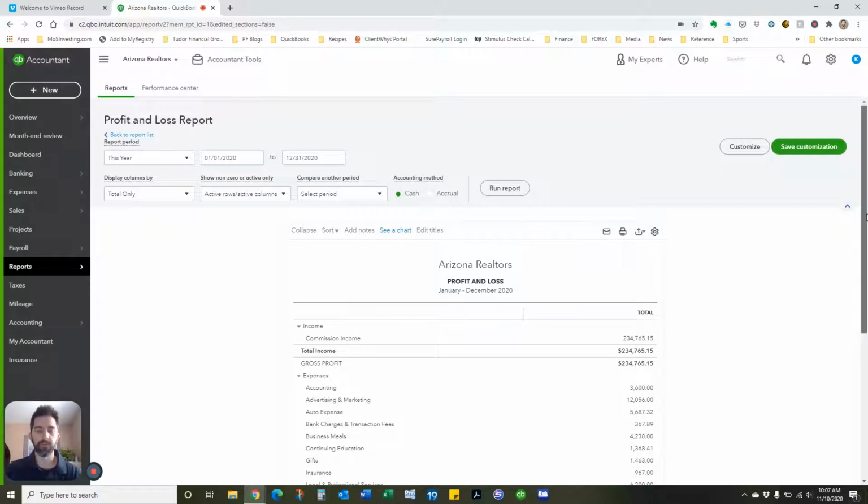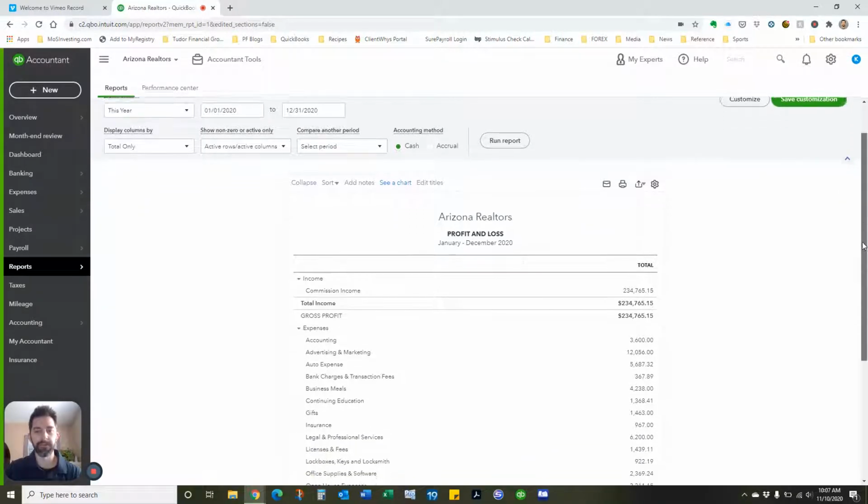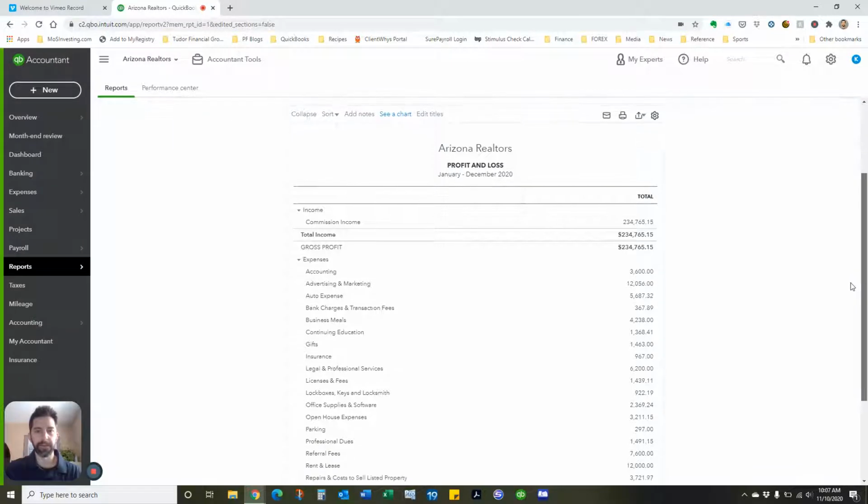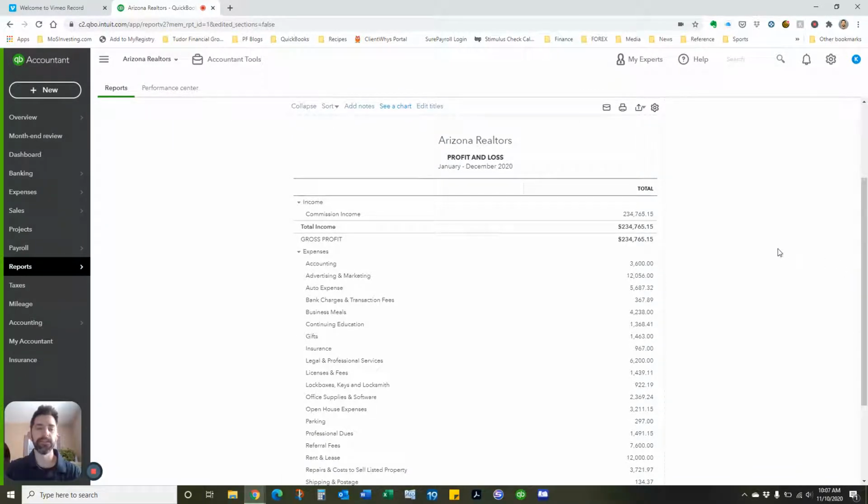So let's go through the basics of it without getting too into the details, because what I want to get across to you is that when we analyze a profit and loss, it's not complicated. It's very simple.